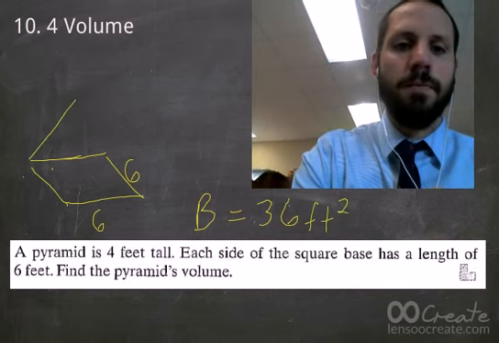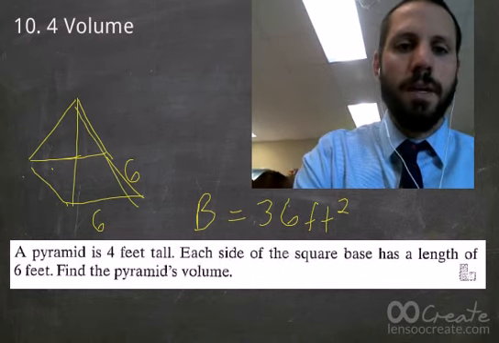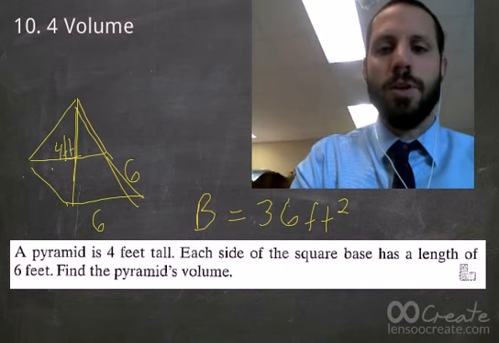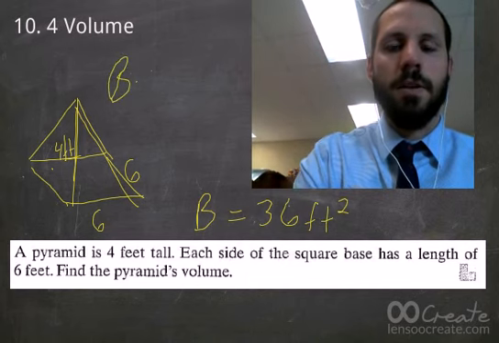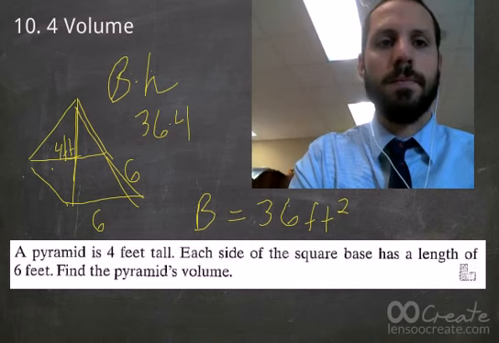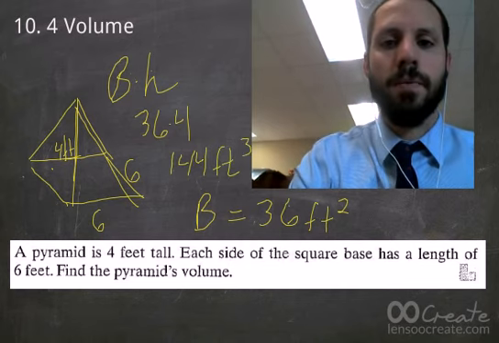And then we've got our height of our pyramid, which is 4 feet high. So we do our area of our base times our height. So 36 times 4. So our volume is going to be 144 feet cubed again.